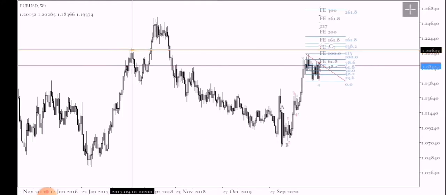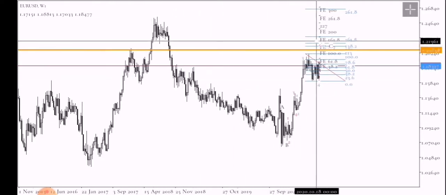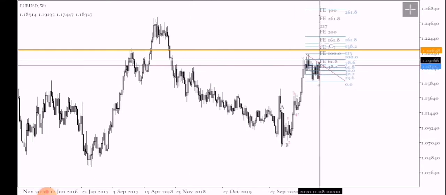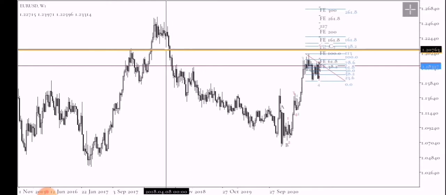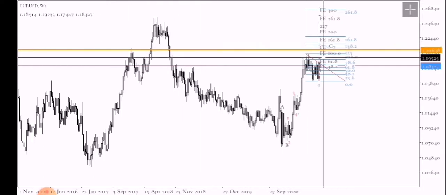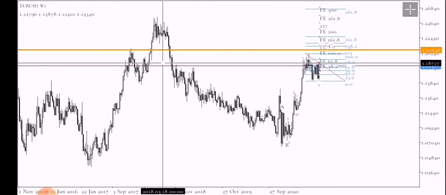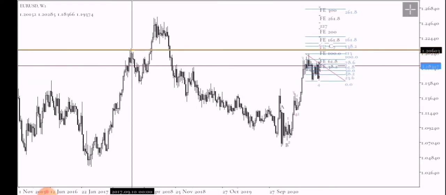That's another clue showing you that if indeed this is a correction of this big move down, it should terminate around here and continue its fall. So that's another clue, a resistance at that level.